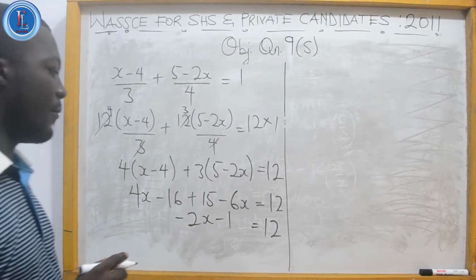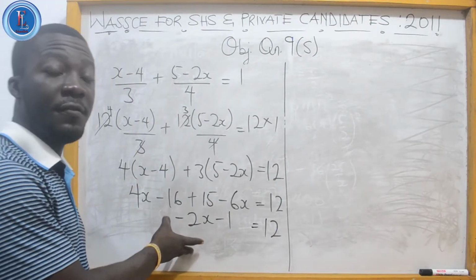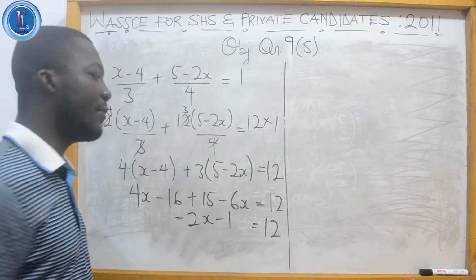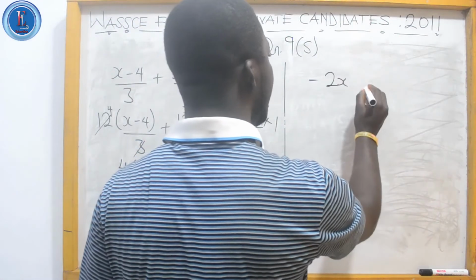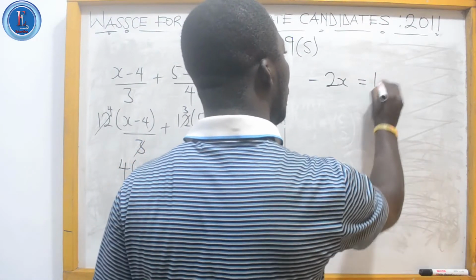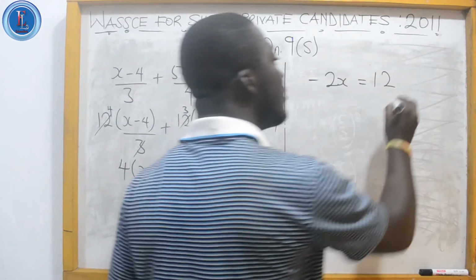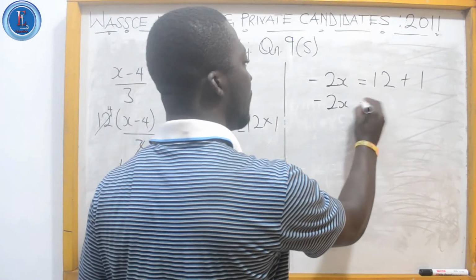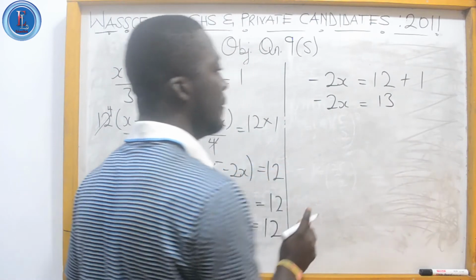When we continue, we can make x the subject here. So we leave negative 2x here and transpose the negative 1 to the right hand side, giving us negative 2x is equal to 12. When the negative 1 is transposed to the right hand side, it changes to positive. So we are going to get 12 plus 1 is 13.